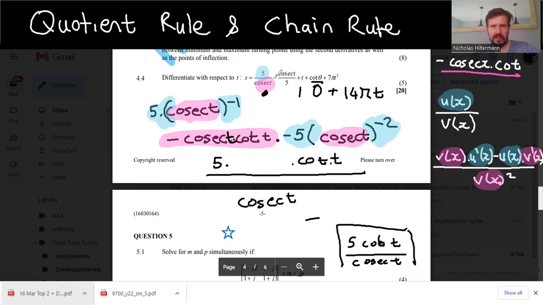Sorry, it ended up being plus 1 over 5 cosec x cot. So cosec t cot t, not working with the x, we're working with t, and then plus 1 plus 0 plus 14 pi t. Okay, but the main thing was just to show you the quotient rule was needed for this question. Okay, let me just go to the bottom.